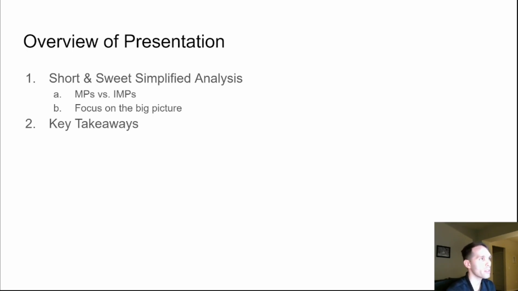And we're going to use this to develop some key takeaways about, in particular, IMP bidding. And finally, at the very end of the presentation, I'm going to get to some mathematics, show you how to derive IMP odds for a couple of different scenarios, and maybe present a fact that I think a lot of experts would be familiar with, but maybe some newer bridge players would not be.